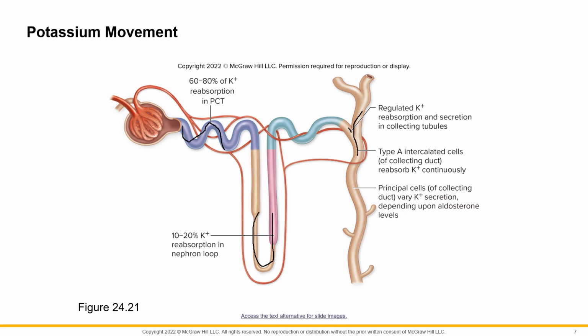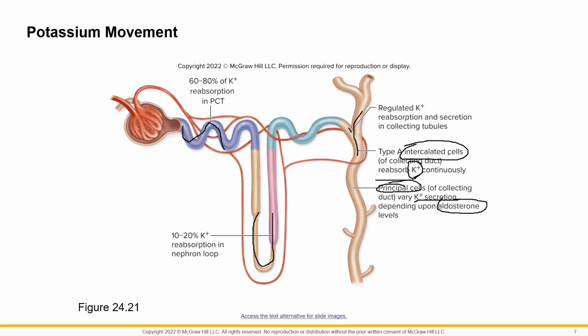Now, there are cells called intercalated cells that gauge the amount of potassium that is coming through the fluid here, and they reabsorb potassium here. Principal cells of the collecting duct vary in potassium secretion depending on what your aldosterone level is.